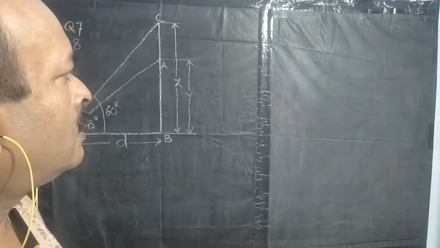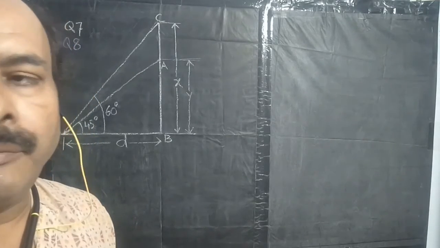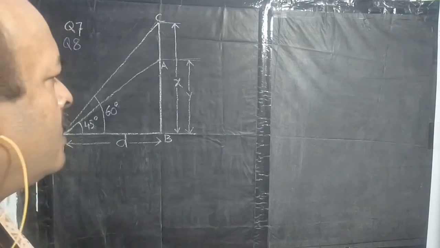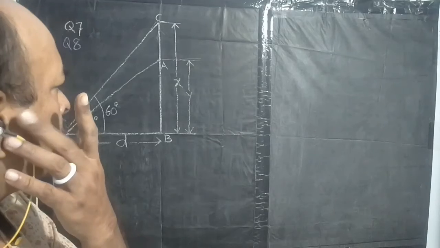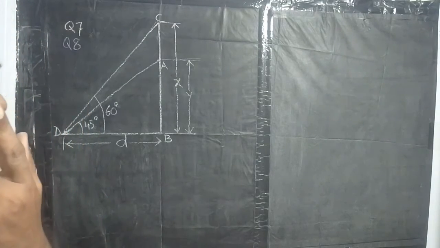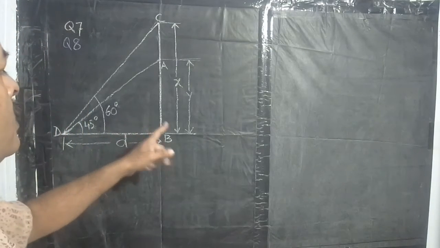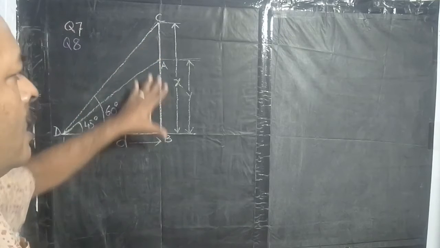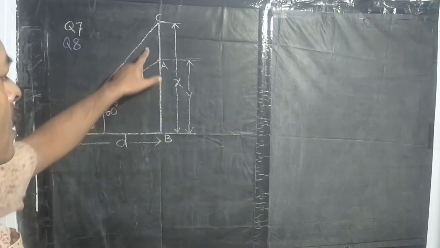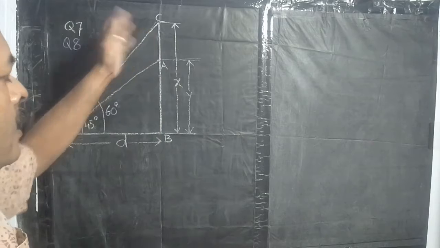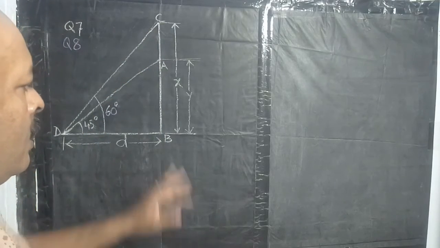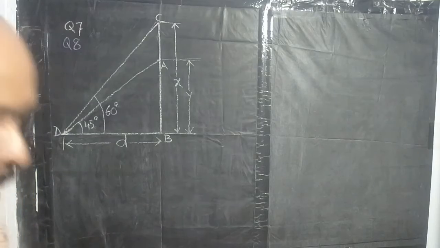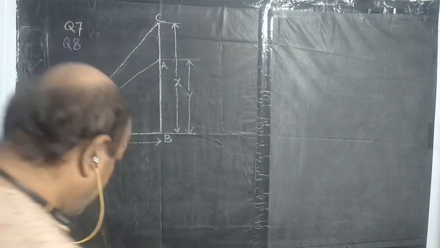In the second video, I discussed the first type, which means a single right angle triangle. In the next video, I discussed two right angle triangles, one after another vertically, and two right angle triangles horizontally.